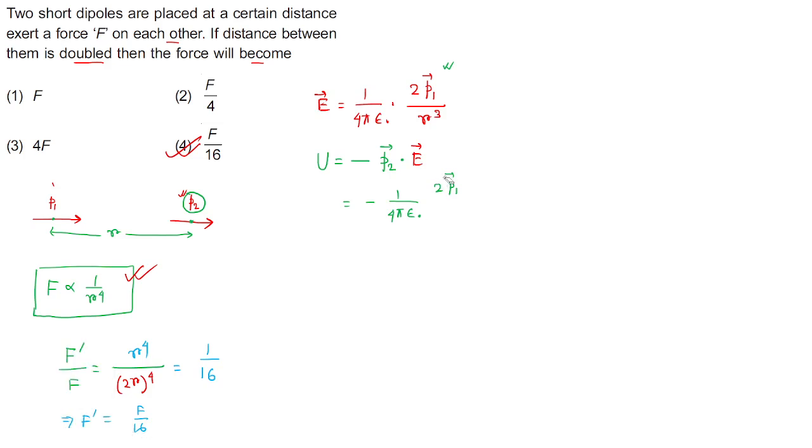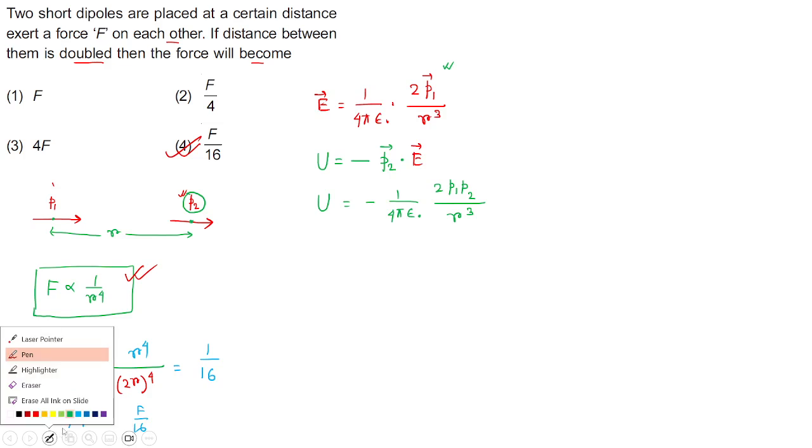I will not write the vector sign anymore. So P1 P2 by R cube. This is the potential energy between them.